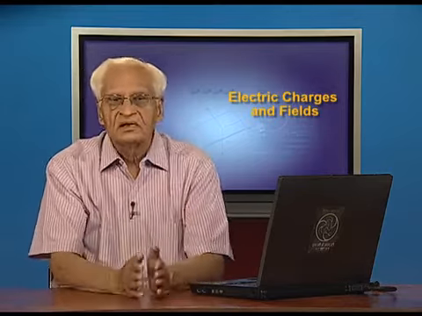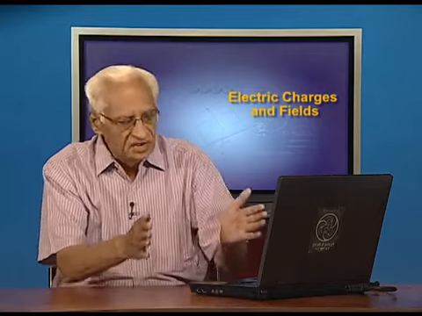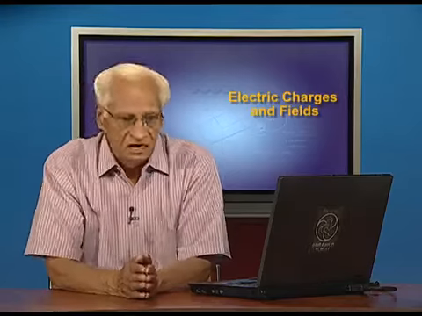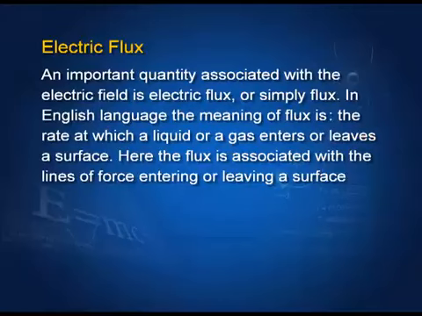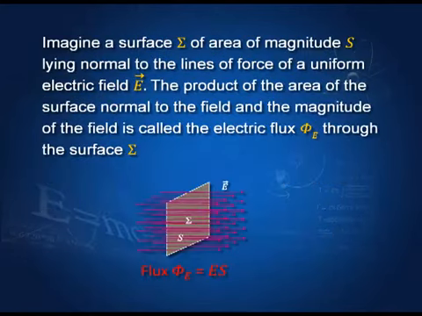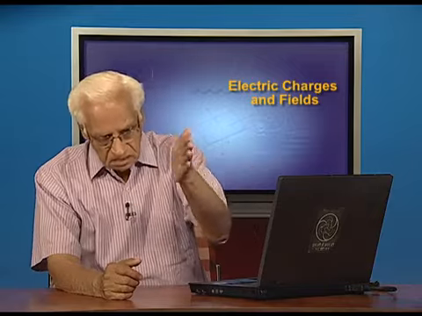In the case of electric field, it means the number of lines of force going through this surface. Remember that the surface area is a vector quantity. We will make use of this fact. Now, suppose we have a surface denoted by sigma, which has a surface area S. This surface is placed normal to the lines of force.